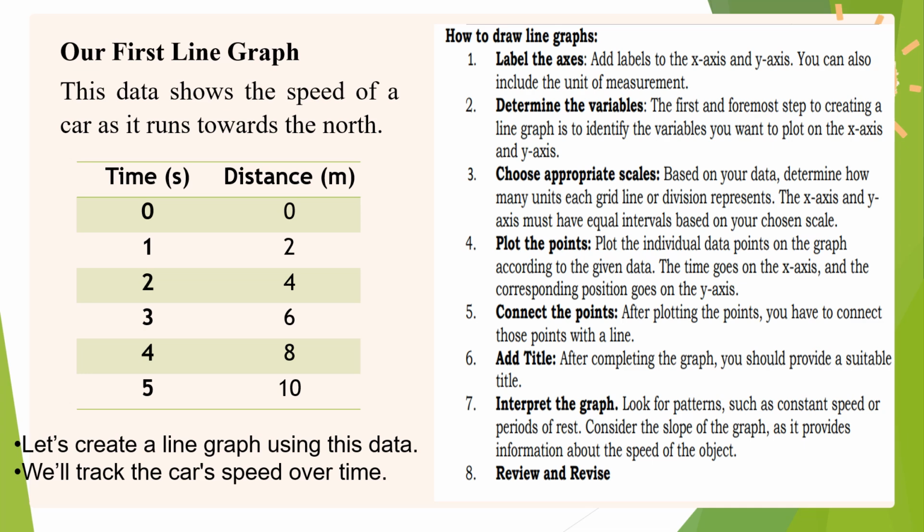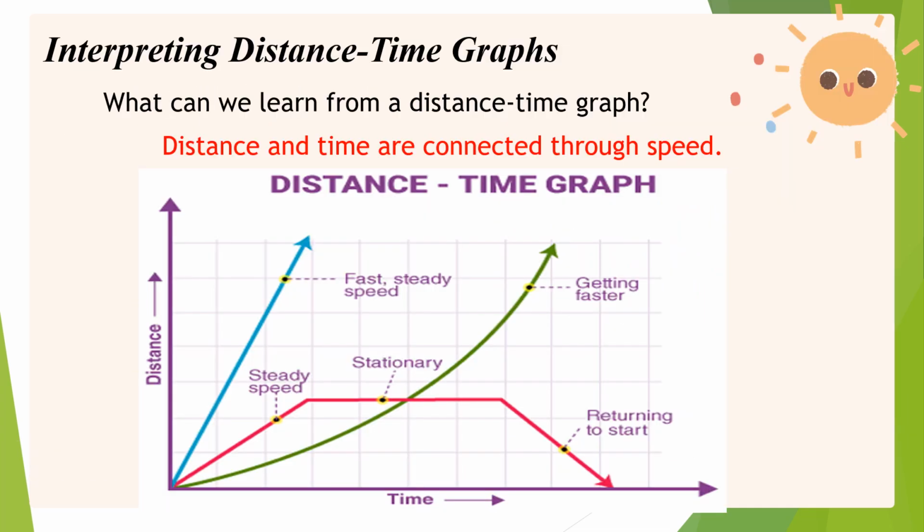After completing the graph, you should provide a suitable title. Then interpret the graph. Look for patterns such as constant speed or periods of rest. Consider the slope of the graph as it provides information about the speed of the object. Lastly, review and revise.